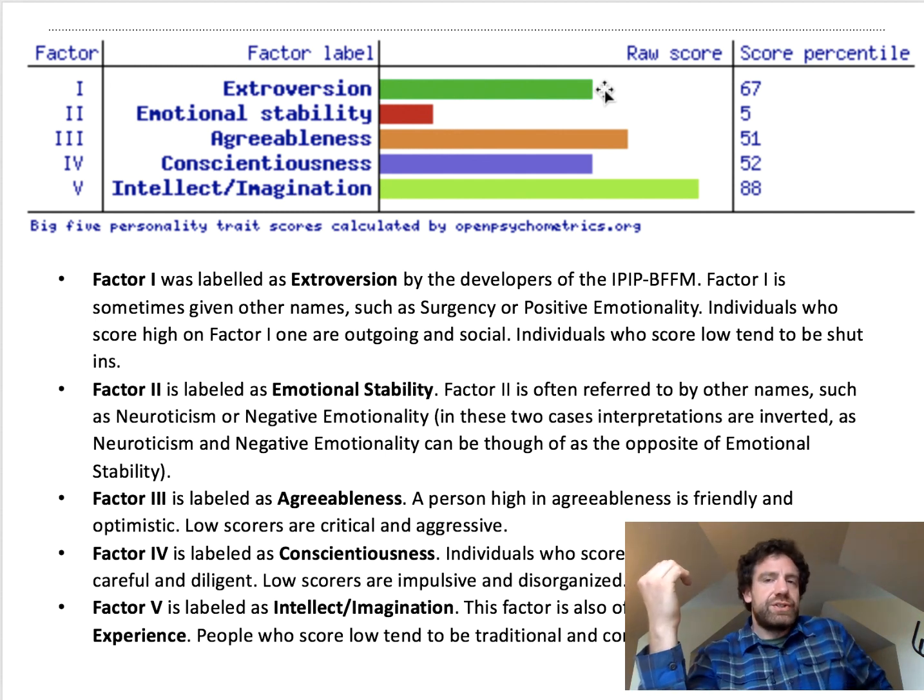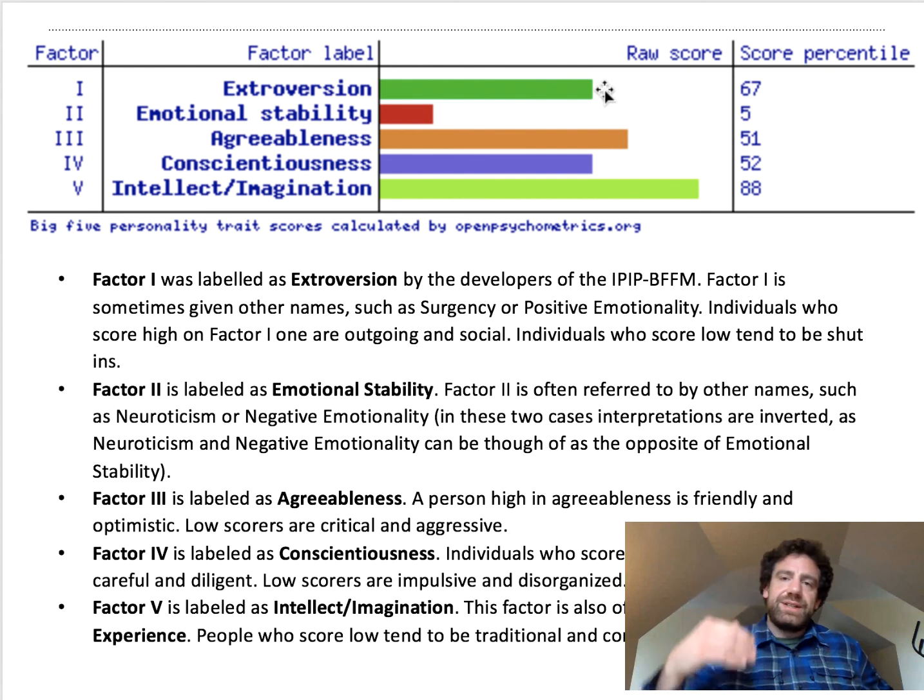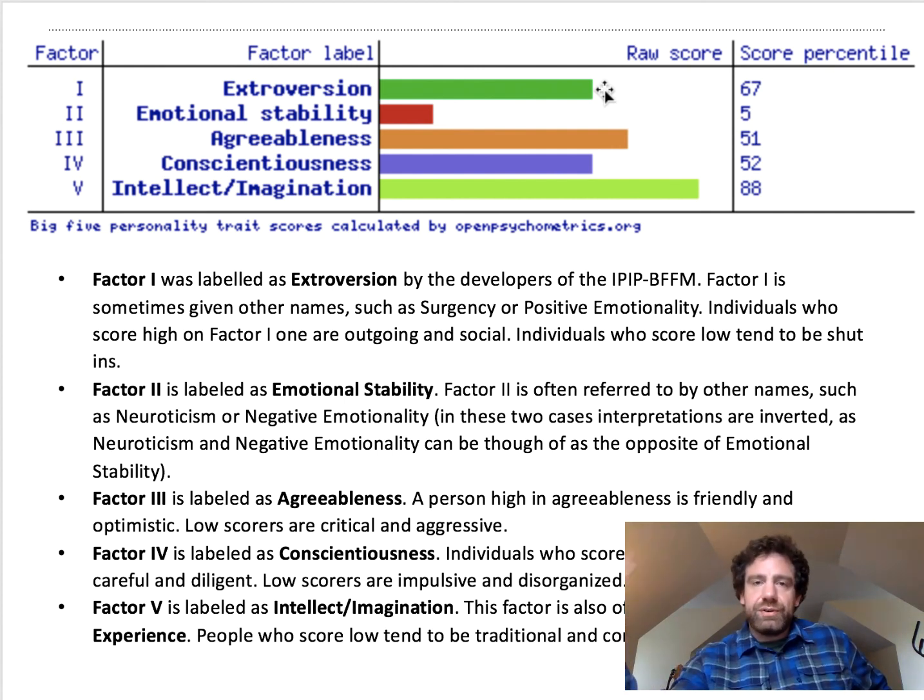Not a straightforward issue for any of us. But it doesn't make sense to let the test tell you how extroverted you are, unless you don't know what the word means. All these results are doing is feeding back the common element in a factor of questions that you tended to answer in a certain way.